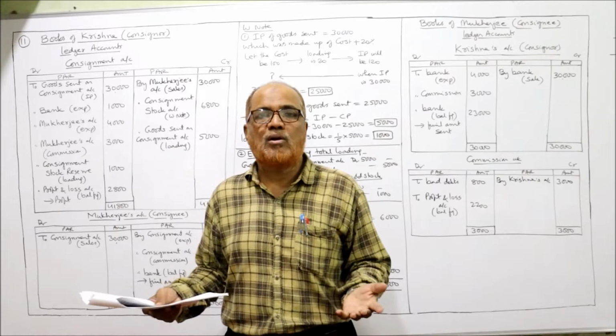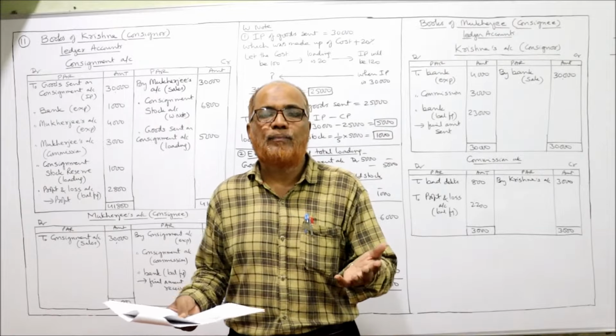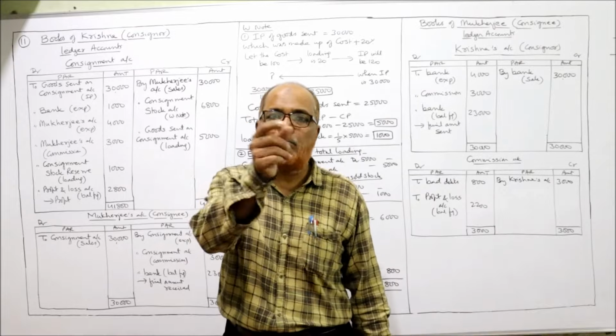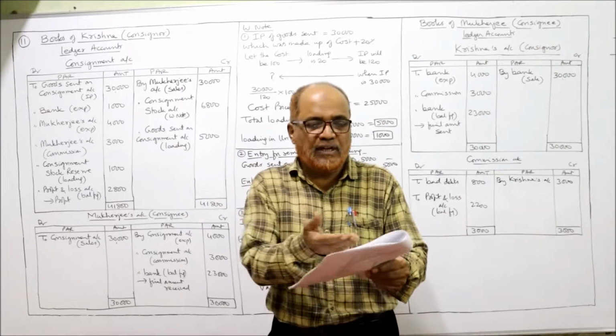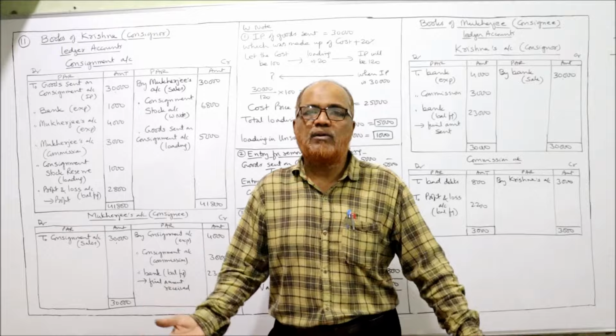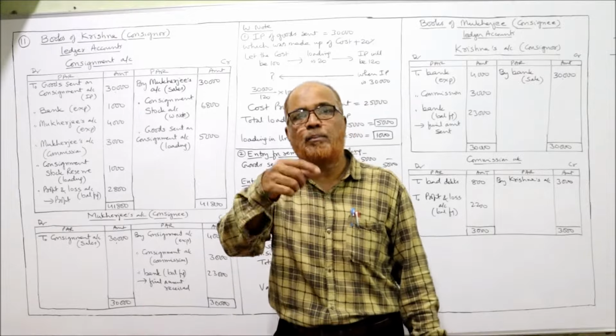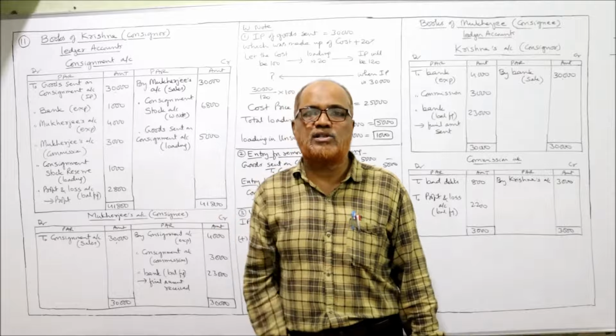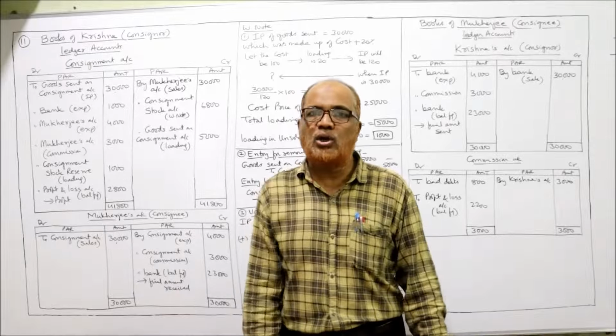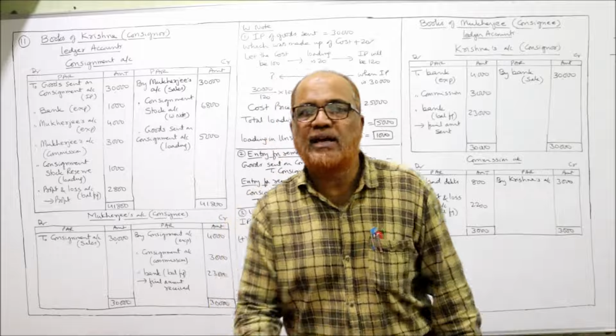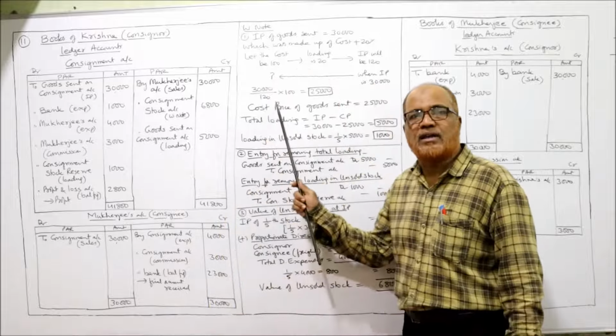But we don't know what the cost is. We want the loading. Loading means invoice price minus cost price. We have the invoice price 30,000, but we don't have the cost price. It is saying cost plus 20% is the invoice price. How much is the cost price? Not known. So first I will calculate the cost price in a working note.